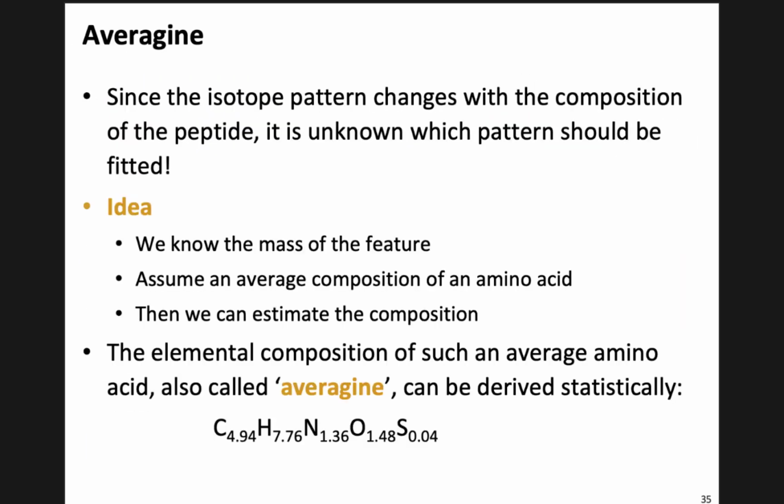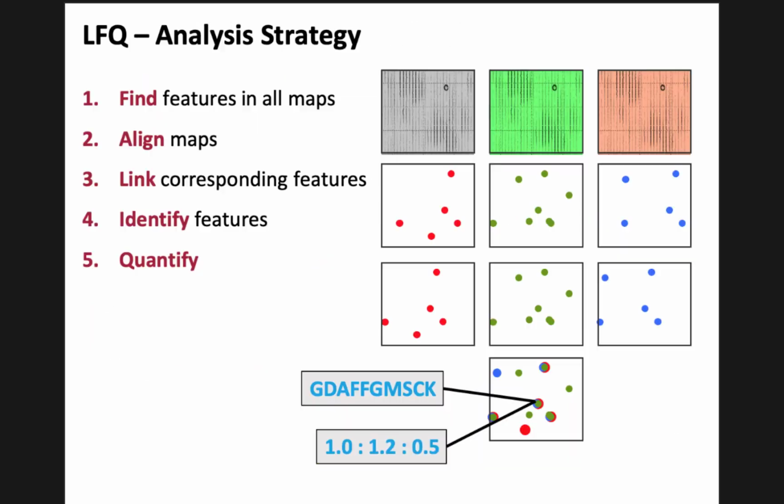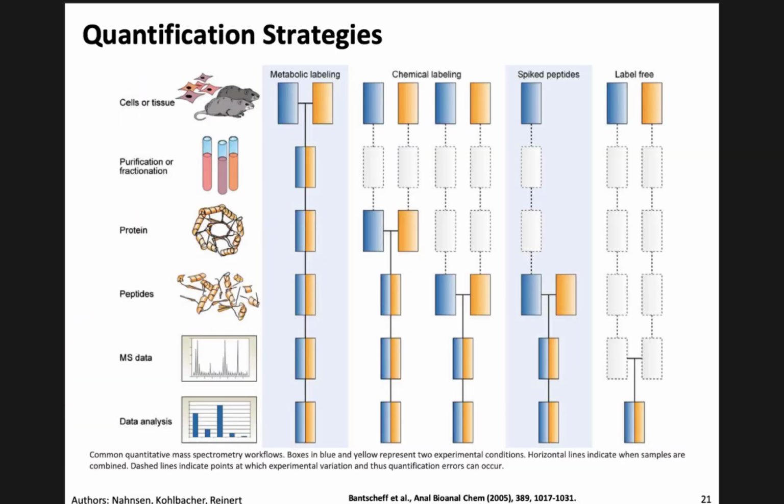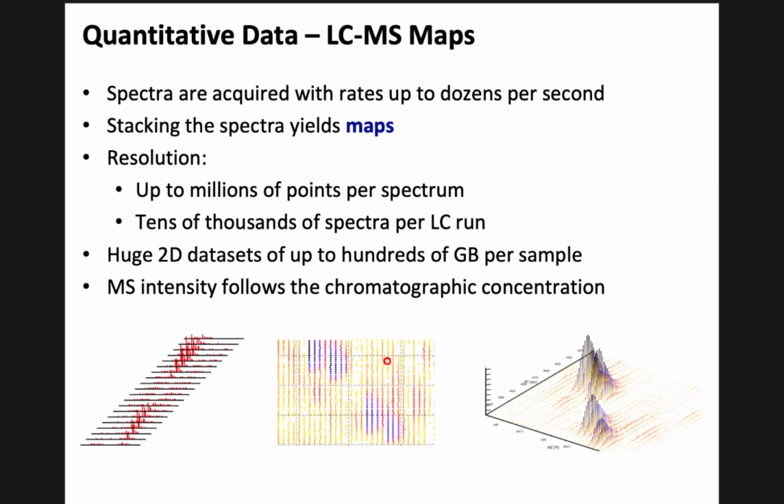Let's see whether I got a slide for that. You can't see it here. But what happens if you measured tandem spectra? Well, it's going to slow down your MS1 cycle.